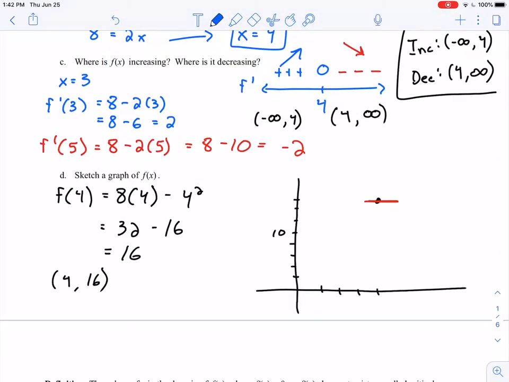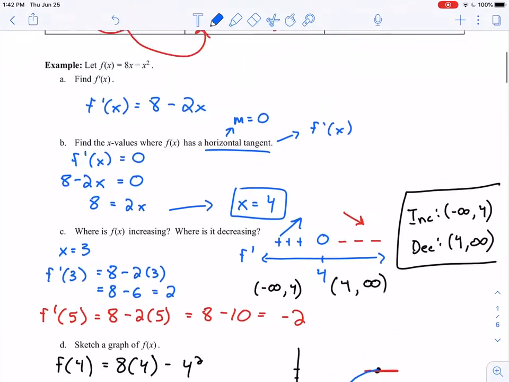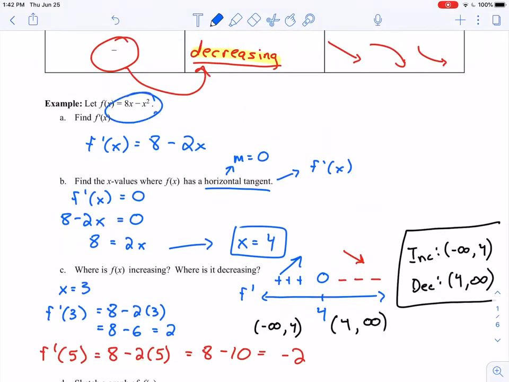My function is increasing on the left-hand side, and I know I have this horizontal tangent line right here. So what that means is I should have a nice smooth top to that curve. And that seems to make sense because we said, hey, this is a parabola that opens downward. We must be talking about this point right here.